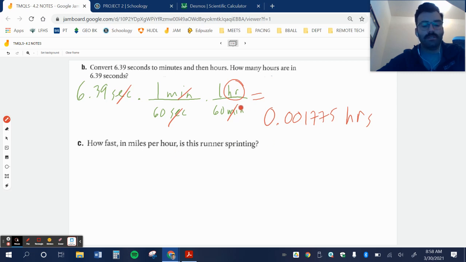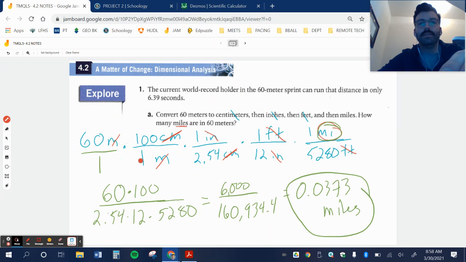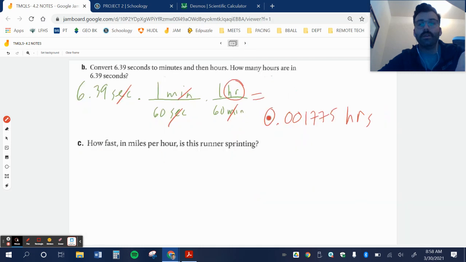How fast is the runner sprinting? So what they mean is, here's how far they went in miles, and here's how quickly they went in hours. If I'm talking about miles per hour, how fast are they going?